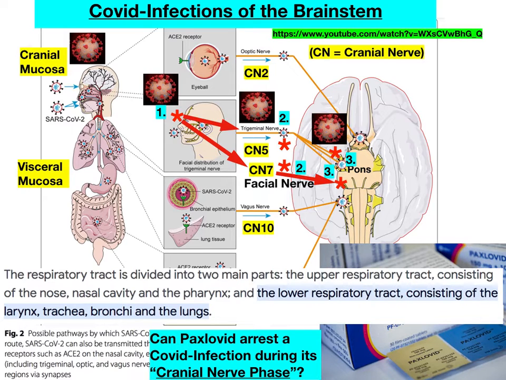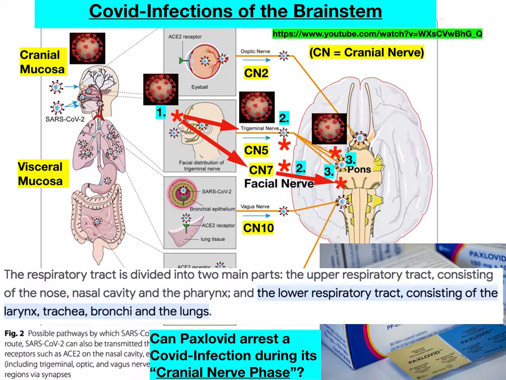Cranial nerve 5, the trigeminal nerve, as well as cranial nerve 9, not shown, which is the glossopharyngeal nerve. These two nerves innervate the oropharyngeal cavity, which is a key locus for initial COVID infections.